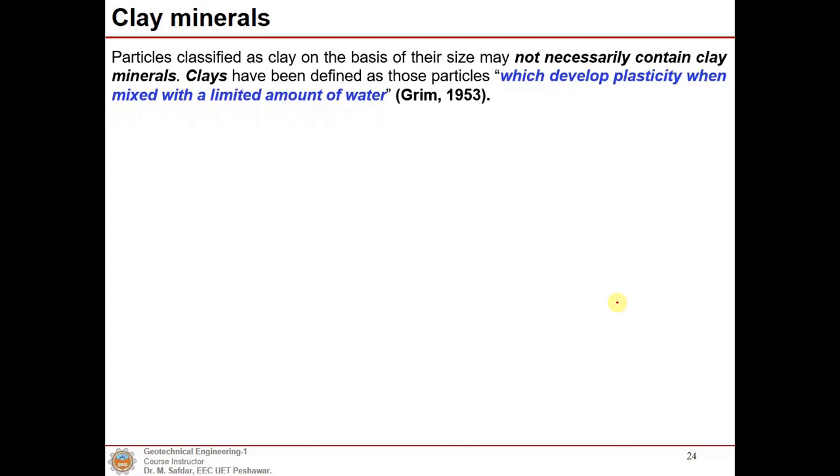Now there are various different types of clay minerals present in nature. Particles classified as clay on the basis of their size may not necessarily contain clay minerals. Clays have been defined as those particles which develop plasticity when mixed with a limited amount of water.